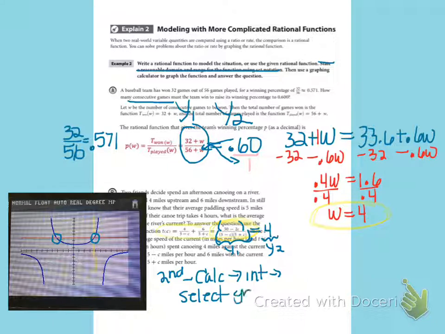If I hit enter enough times, it's going to tell me that x is approximately 3.8.